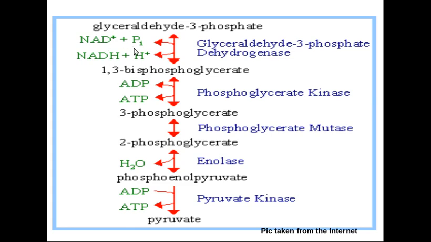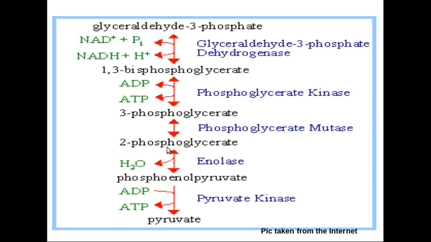The NADH which is produced in the previous step will then be transported to the electron transport chain to produce further energy. This is an example of a substrate level phosphorylation where ATP is readily produced. The 3-phosphoglycerate then undergoes a isomerization to form 2-phosphoglycerate.